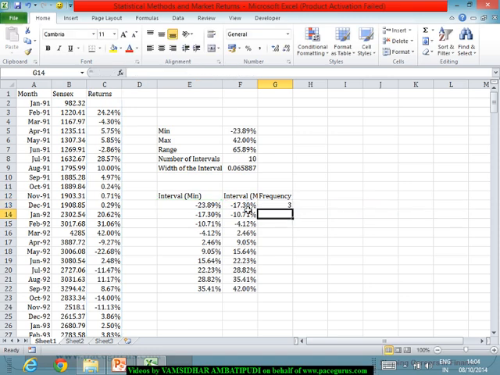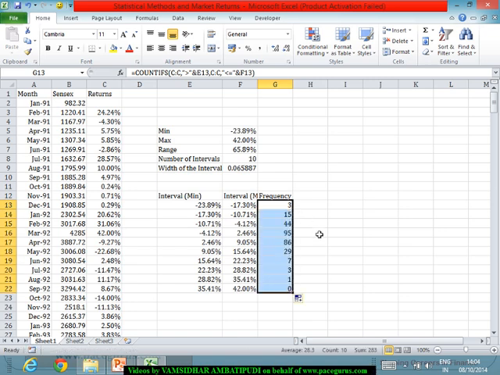So I want to find out of that whole set of observations, how many of them are between minus 23.89 to minus 17.3. So there are 3 such observations. Minus 17.3 to minus 10.7, there are 15 such observations, and so on.